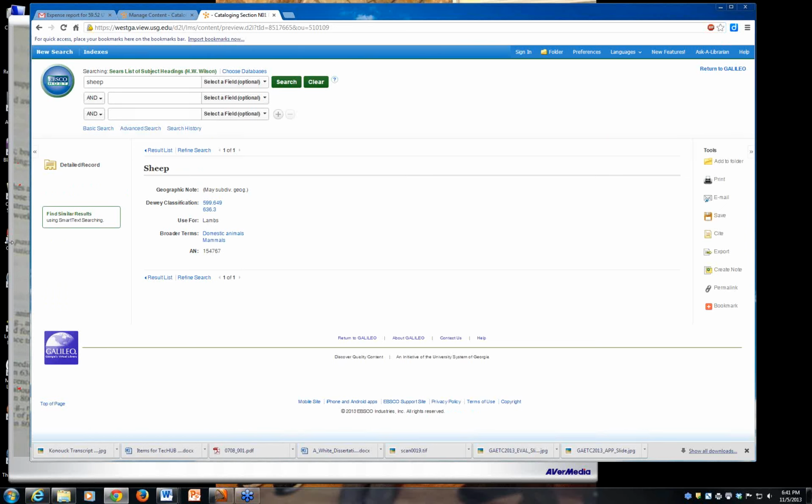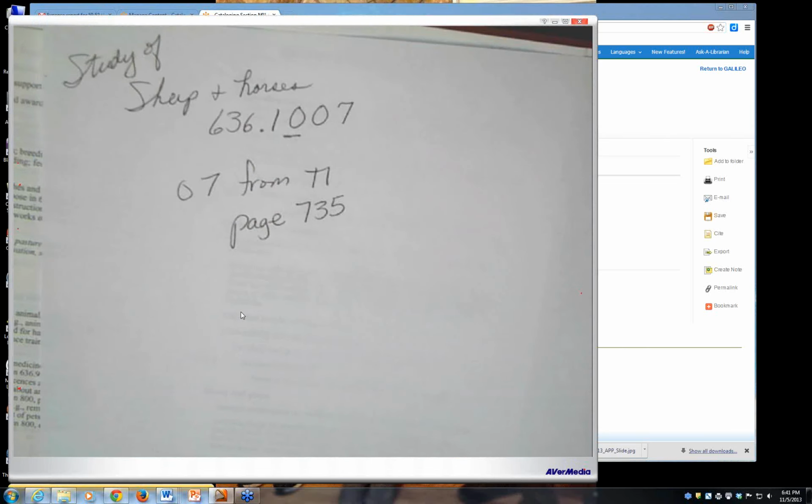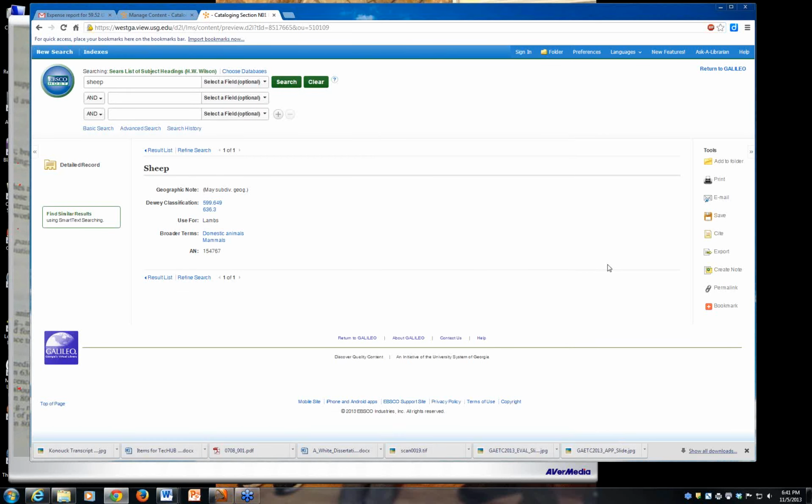This is study of sheep and horses. So there's no geographic location I can add, even though Sears shows me that this may be subdivided geographically. It's giving me a sample Dewey classification number, and you'll notice this is closer.